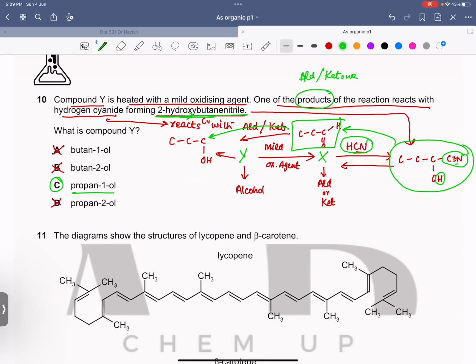From this final product, I concluded this. And if it's an aldehyde or ketone, then it clearly means that this compound Y is an alcohol, because aldehyde and ketone in our syllabus are only prepared from alcohol. Is this clear?